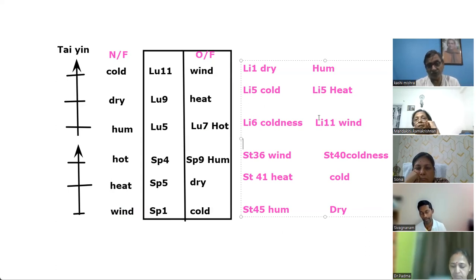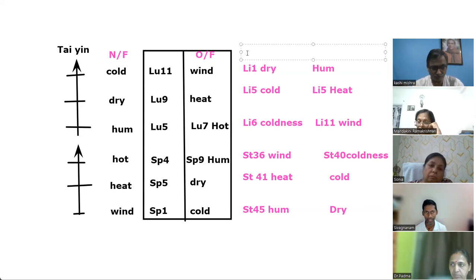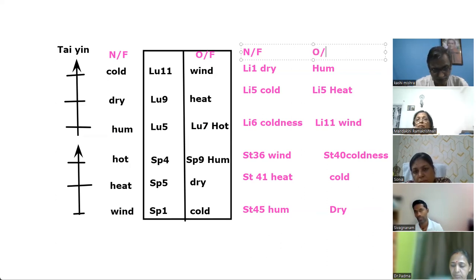So now we know what is what. This is Yang Ming, normal flow. And what is this? Yang Ming, opposite flow.